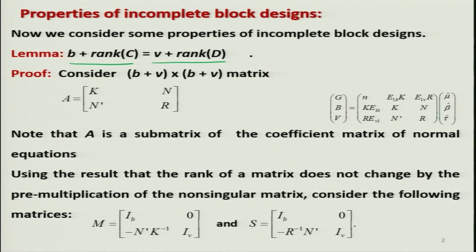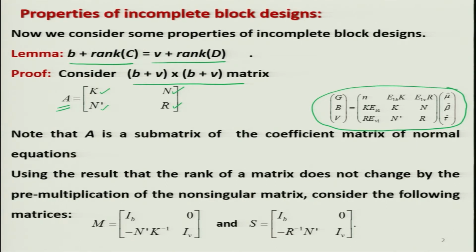We consider a (b+v) cross (b+v) matrix whose elements are the matrix K, incidence matrix N, N transpose, and R matrix, and this matrix is indicated by A. Do you remember the set of normal equations that you obtained in the format of vectors and matrices?